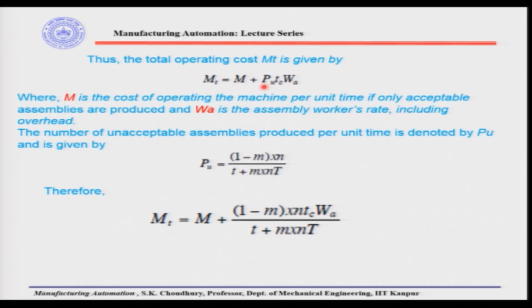PU is the number of unacceptable assemblies produced per unit time, which is equal to (1 - m) x n divided by (t + m x n t). This you can find out from earlier equations. Therefore, MT is equal to M plus this; we can find the PU value from here, and we put the value of PU in this equation.